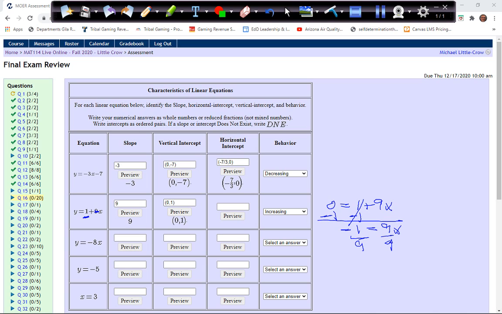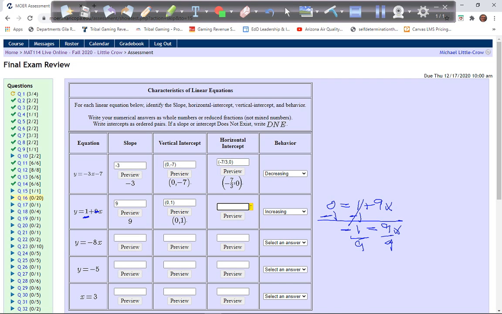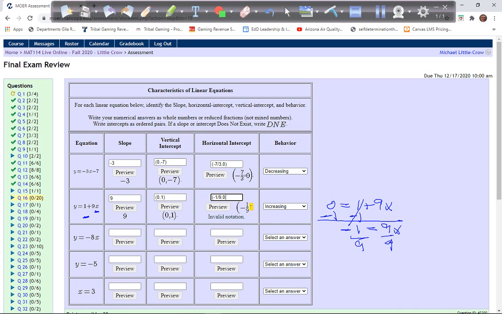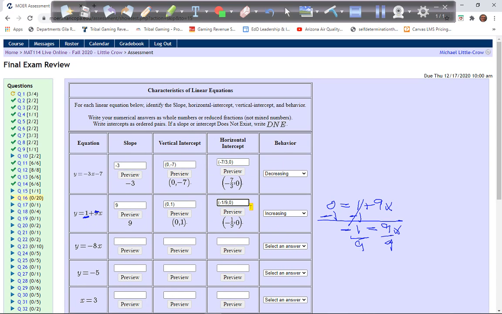So x is equal to -1/9. And again, we want to put that in as an ordered pair, (-1/9, 0). And it's an increasing function. We've already taken care of that part. Good.